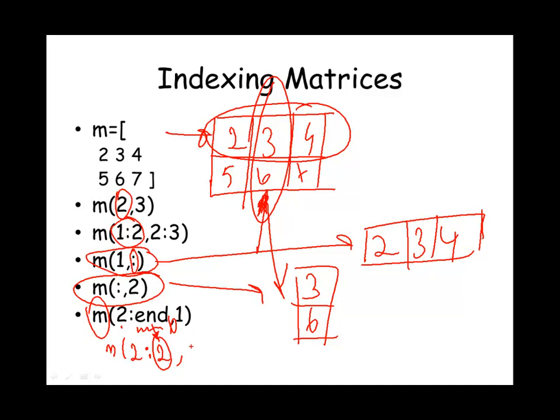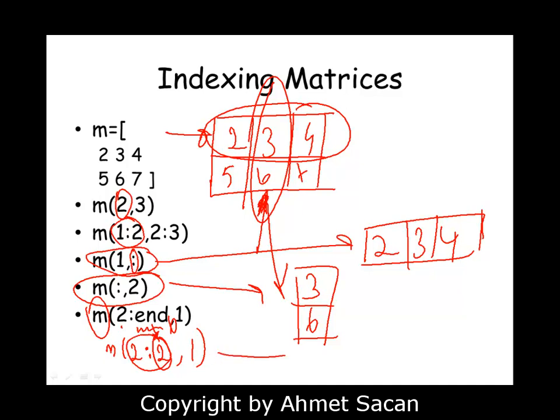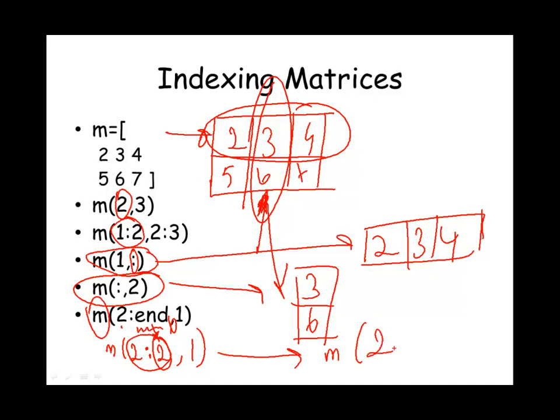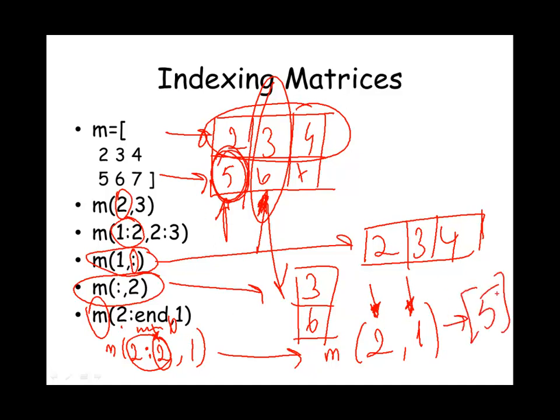And then we had a comma 1. 2 colon 2 will generate a vector that has a single number 2. So that is equivalent to saying M(2, 1), which will get me the boxes in the second row and in the first column. Second row, first column, and there's only one box there, which is 5. So that will give me number 5.